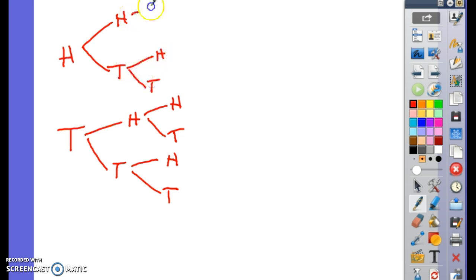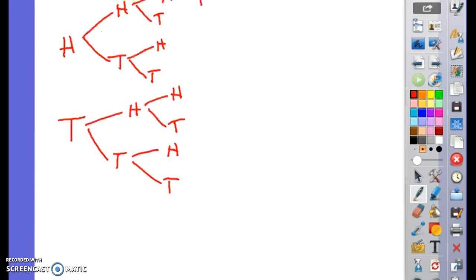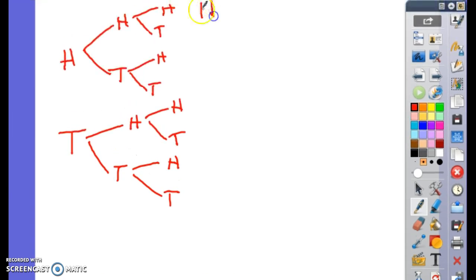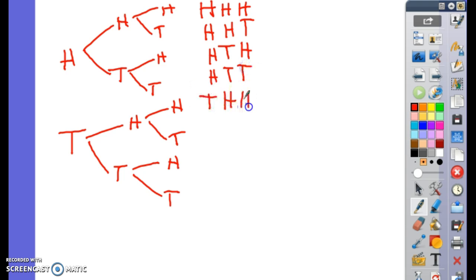Then you would have heads, heads, heads; heads, heads, tails; heads, tails, heads; heads, tails, tails; tails, heads, heads; tails, heads, tails; tails, tails, heads; and tails, tails, tails.